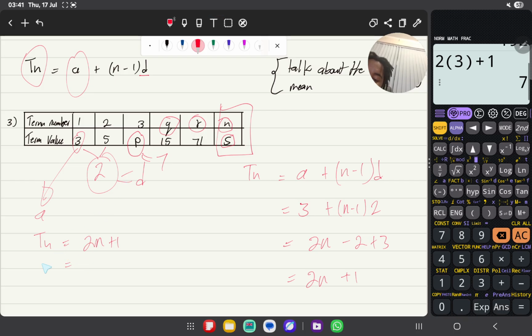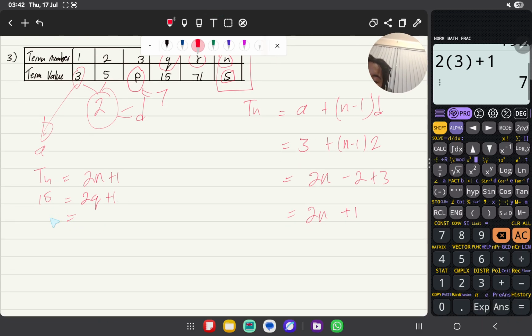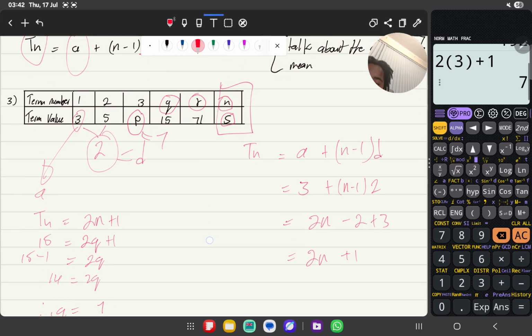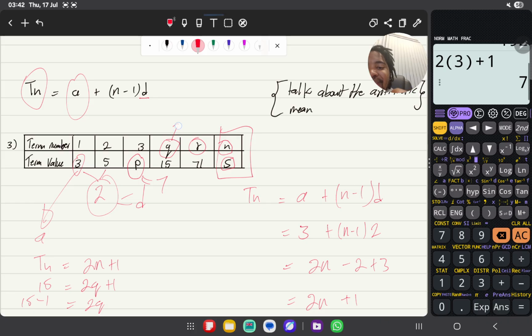You have 15 equals 2q plus 1. And then you transpose the 1, it becomes 15 minus 1 equals 2q. Here you have 14, and therefore q is going to be 7. So this gentleman equals 7.